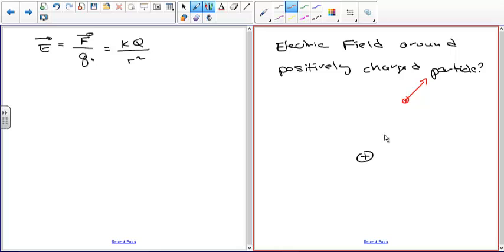And because my test charge is always positive, once I've figured out that vector, I can make that test charge disappear, and instead of showing a force vector, I'm going to show my electric field vector. So what you'd find out is that all the electric field vectors around a positive charge are immediately away. They point away from the positive charge. If I drew a straight line from here to there, they would just keep going that direction.